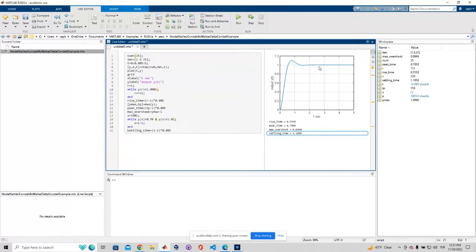It can go up and down, plus or minus 5. If in MATLAB, its steady state is 2%, it can go up or down. So settling time is the time it takes for a system to go to the steady state. Our system is steady around here, somewhere here. It goes to the steady state, so it's around 1.18 calculated here.